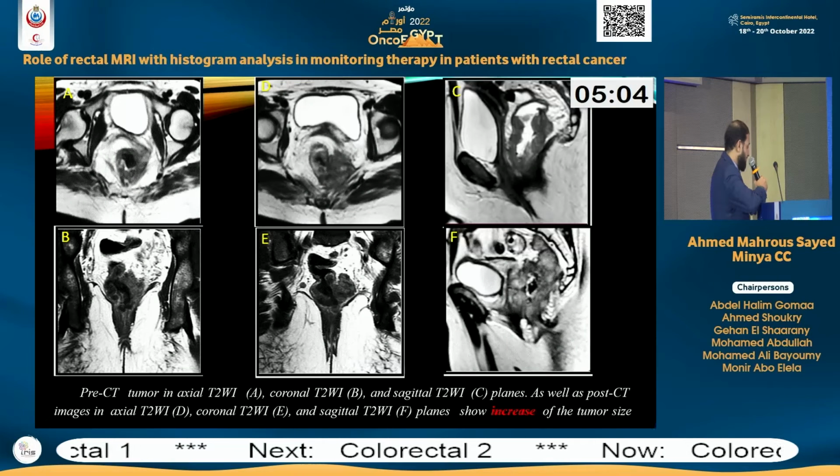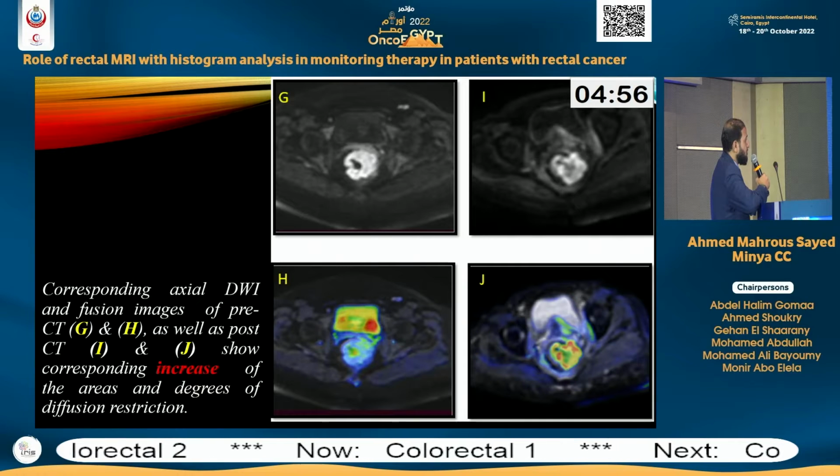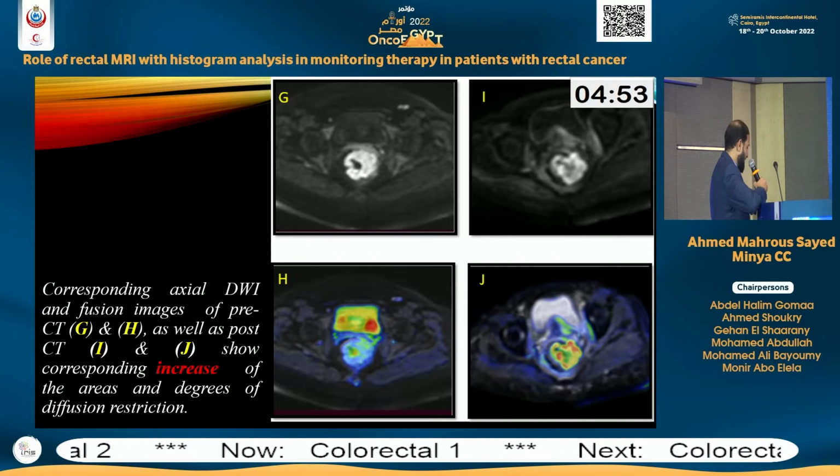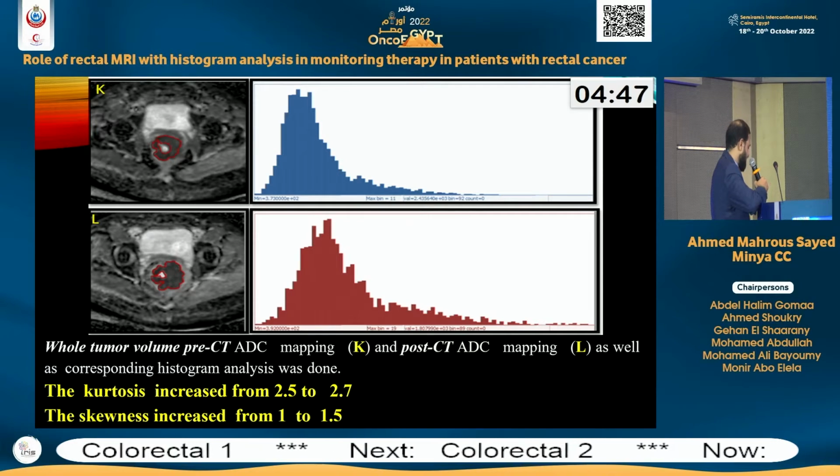Another patient with disease progression, where we can see the patient unfortunately had an increase in the tumor size despite the chemoradiotherapy, as well as an increase in the overall diffusion restriction, and interrogation of the histogram revealed no definite changes in the histogram parameters.